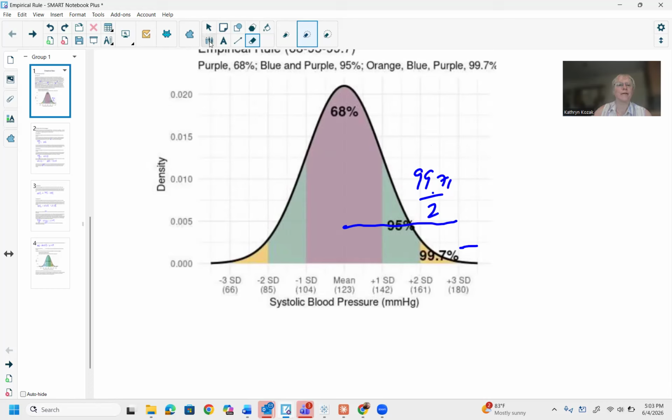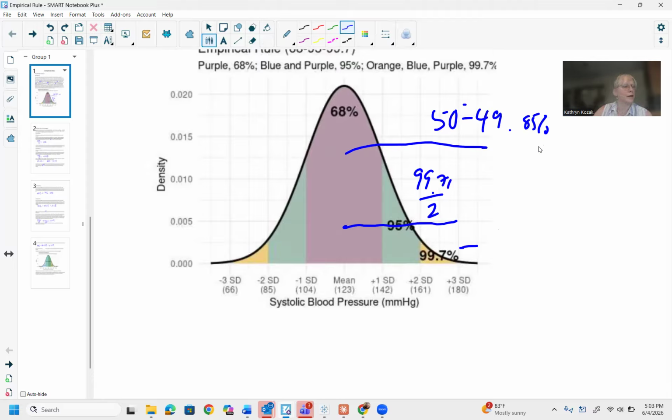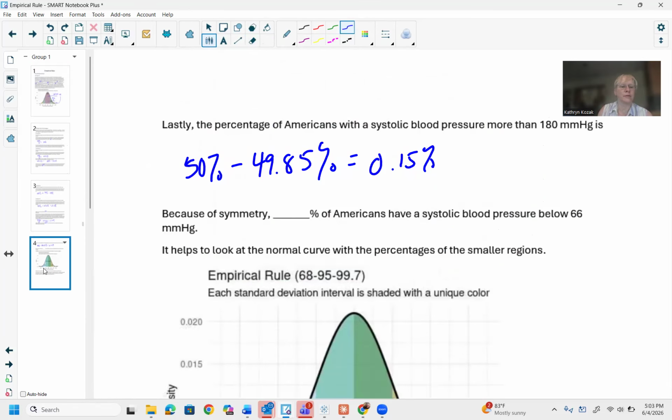So we're going to take that area there, and then to find the one we want the full 50% minus that area there, and that's 49.85%, and that gives us this area right there. So that gives us a 0.15%. And again, because of symmetry, 0.15% of Americans have a systolic blood pressure below 66 millimeters of mercury.